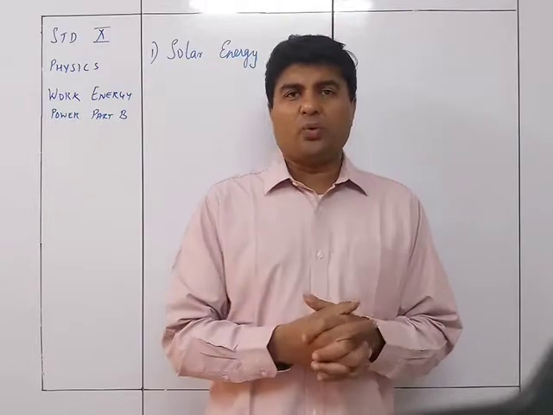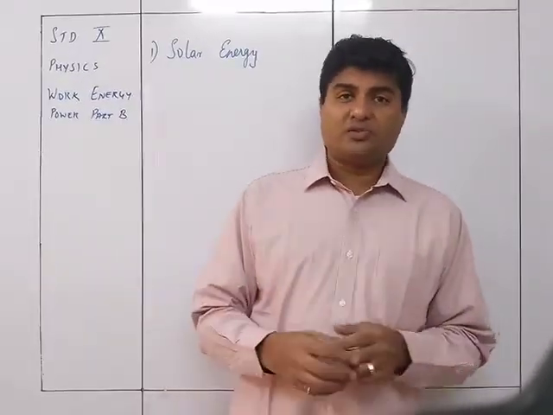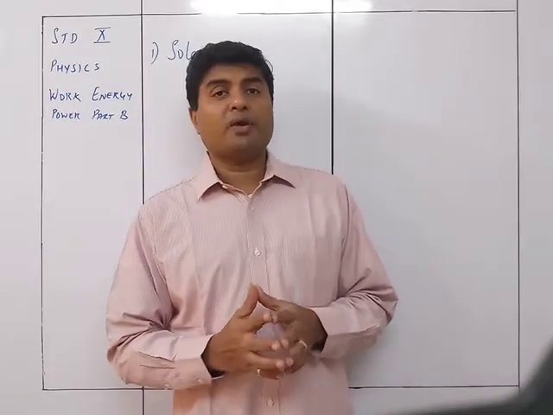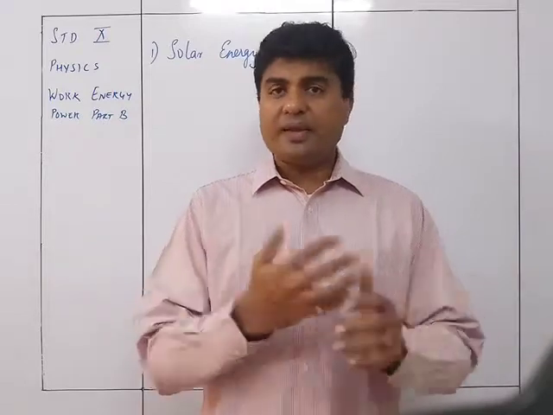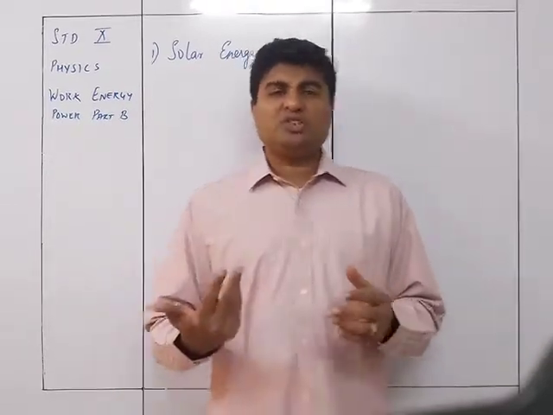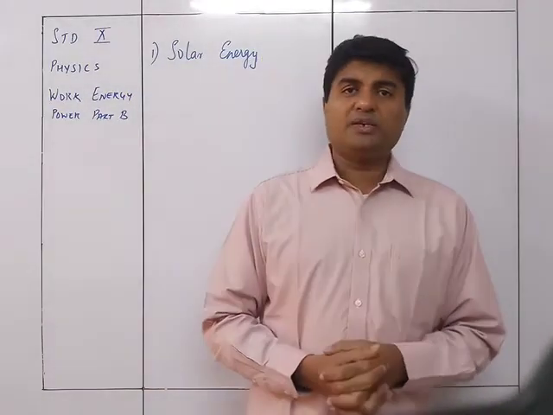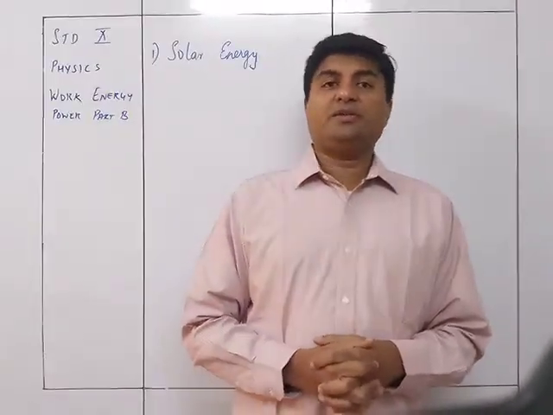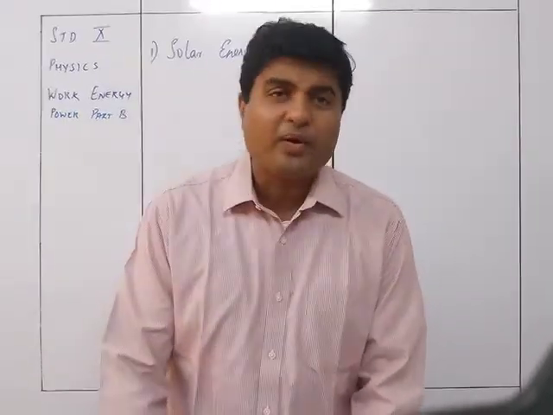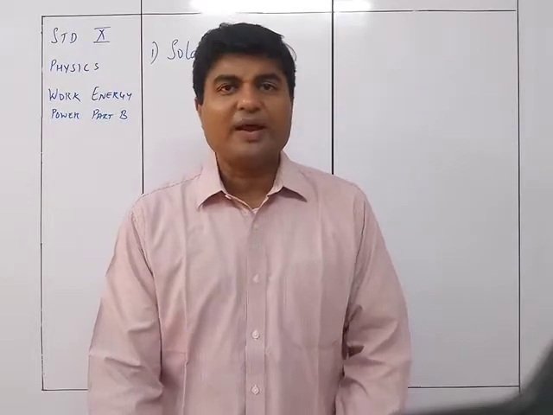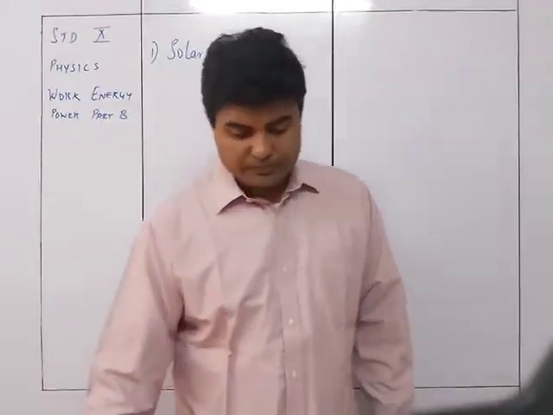In some places there are 6 months of night and 6 months of day, and sometimes the daytime is much longer and the night is shorter, and the night is longer and the day is shorter. So there are continuous changes in the way the sun appears to us, and due to this we cannot perform work directly through the sun. So solar energy is not directly used for doing work.